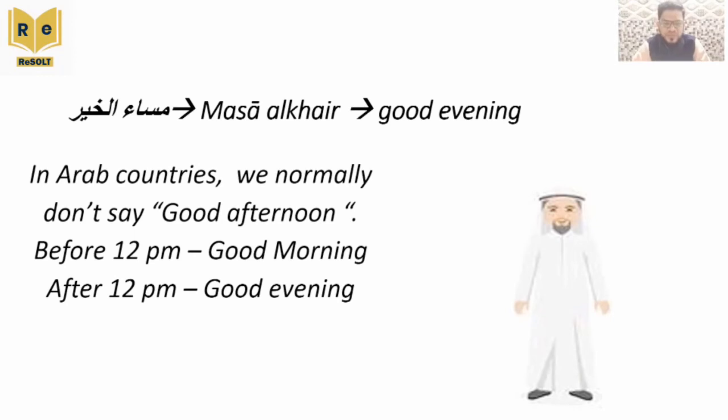Where is good afternoon? In the Arabic language, people don't greet with good afternoon. Before 12 p.m., they say good morning, sabah al-khair, and after 12 p.m., they say masa al-khair.